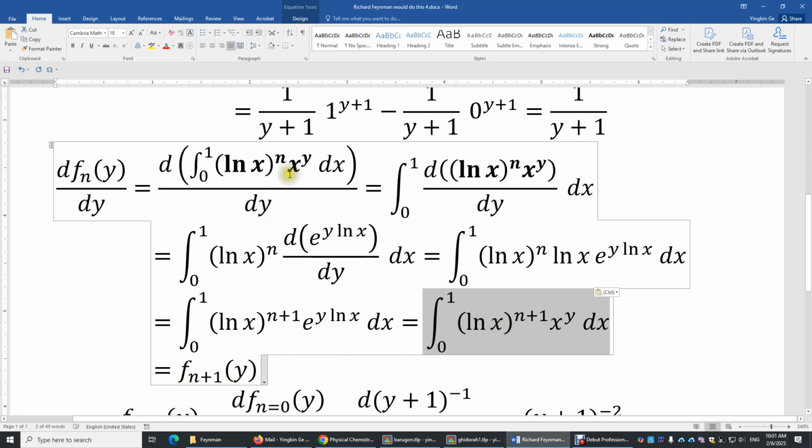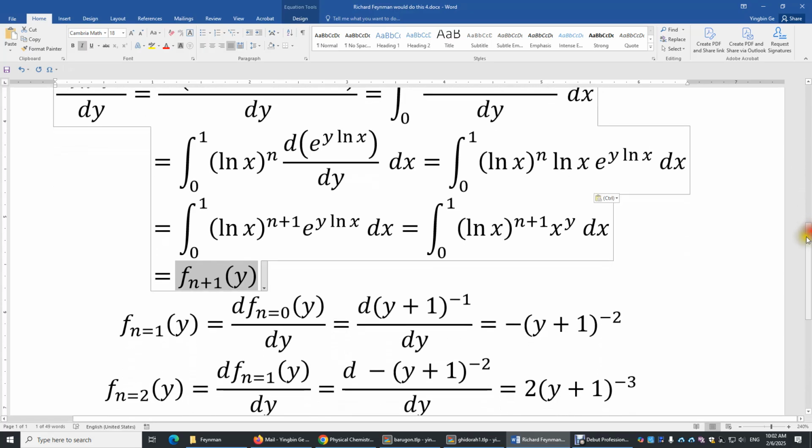We simply replace this n with n plus 1 in the function of f. So now we know f sub 1 of y is the first derivative of f sub 0 of y. Again, f sub n equals 1 of y is the first derivative of f sub n equals 0 of y.